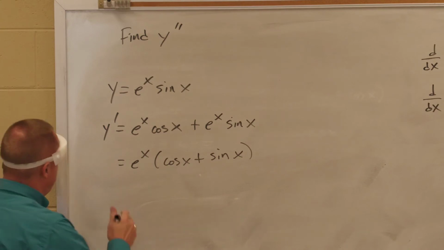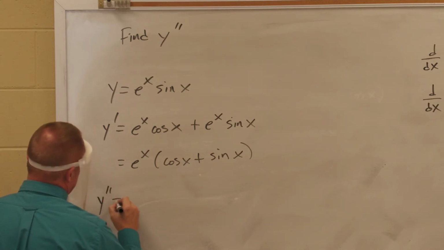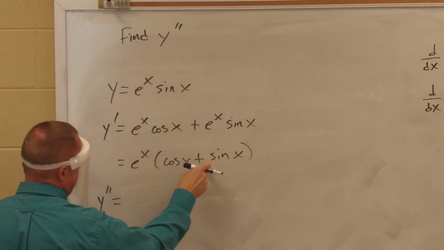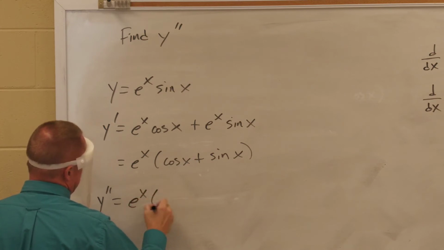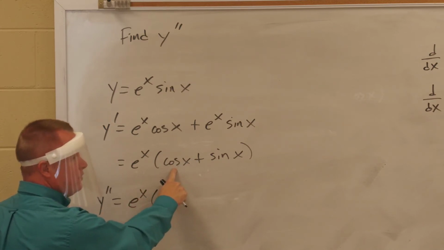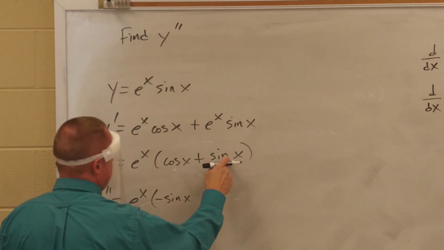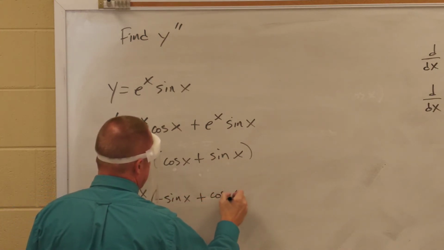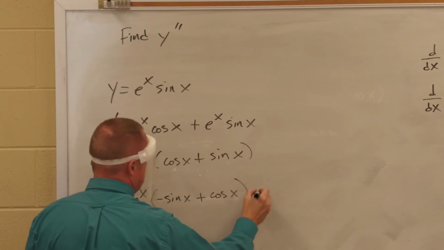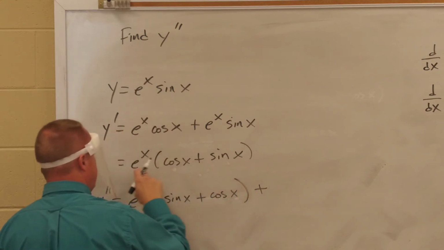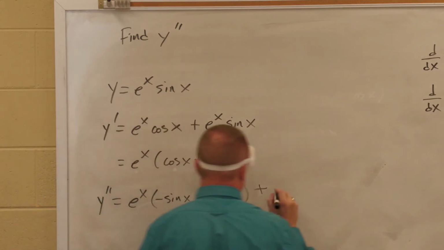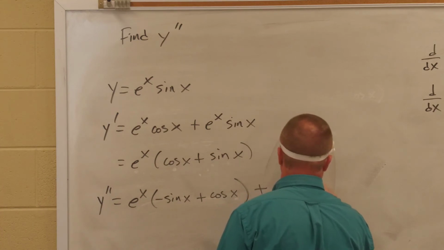All right, so the second derivative, I take the first times derivative of the second. So derivative of cosine is negative sine. Derivative of sine is cosine. Plus the second times derivative of the first. Derivative of e to the x is e to the x.